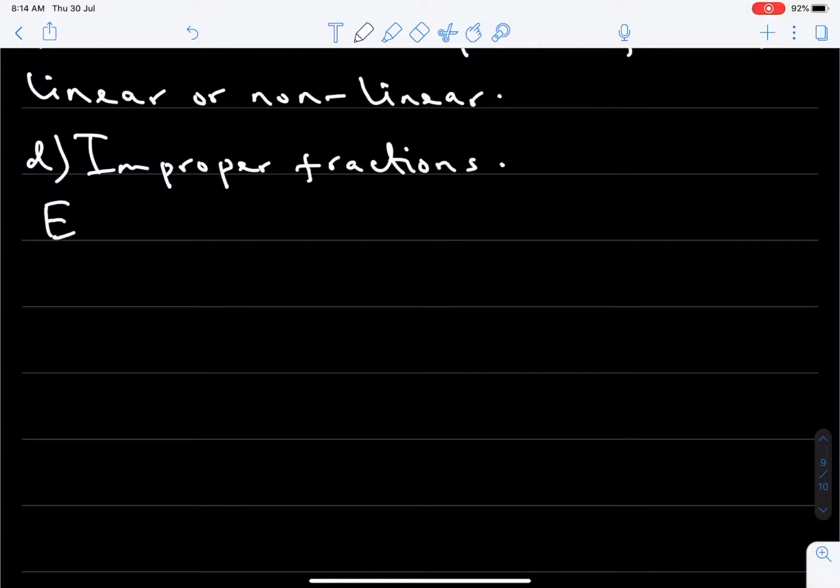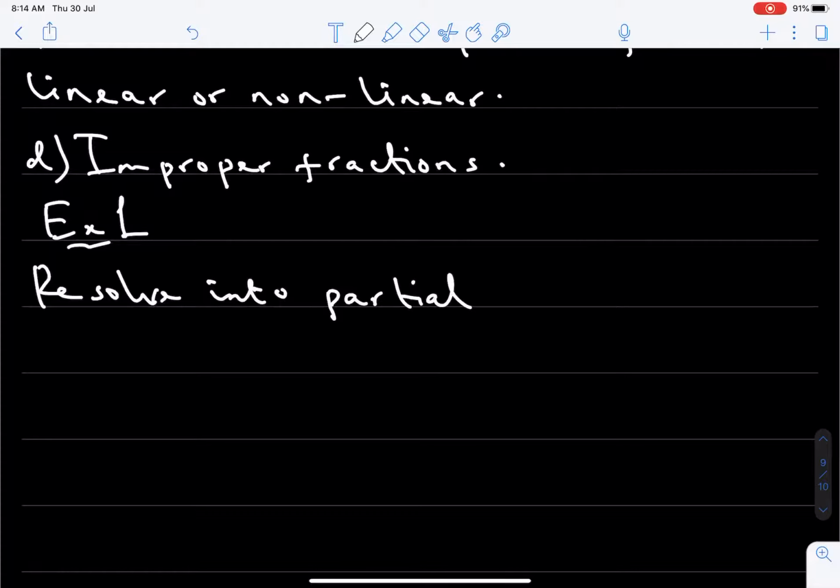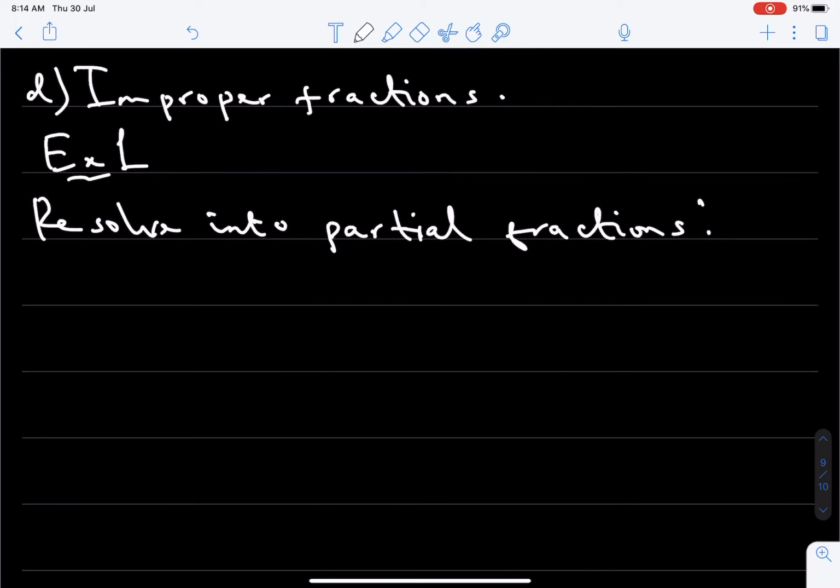So I'm taking an example on the first type. Let's call that example 1. Resolve into partial fractions. The fractions here are those with non-repeated linear factors at the denominator. So we're dealing with the first type of fraction.